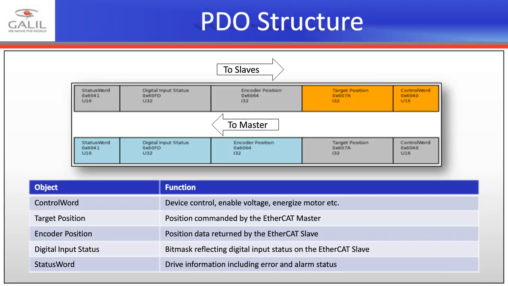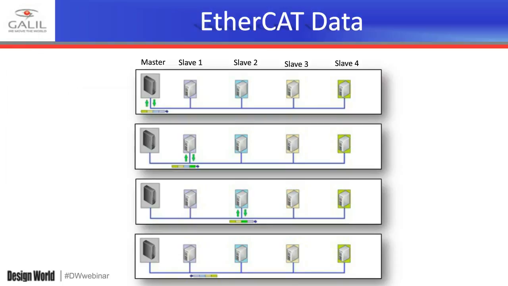As the PDO goes to the slave, the slave then fills those fields with its information while at the same time taking its control information from the PDO. And as referenced here, this happens for each drive on the network when it comes back to the master.